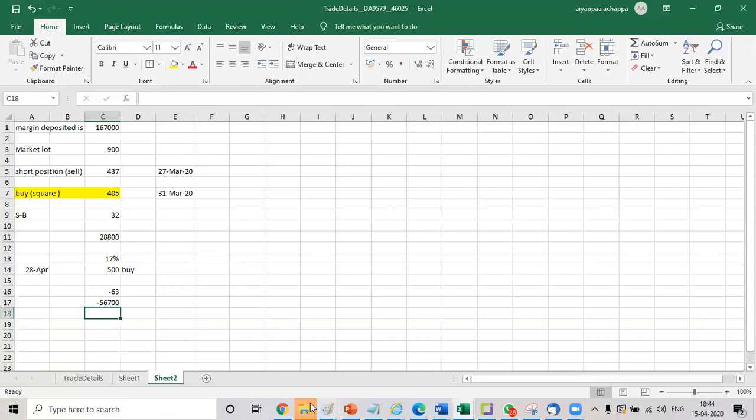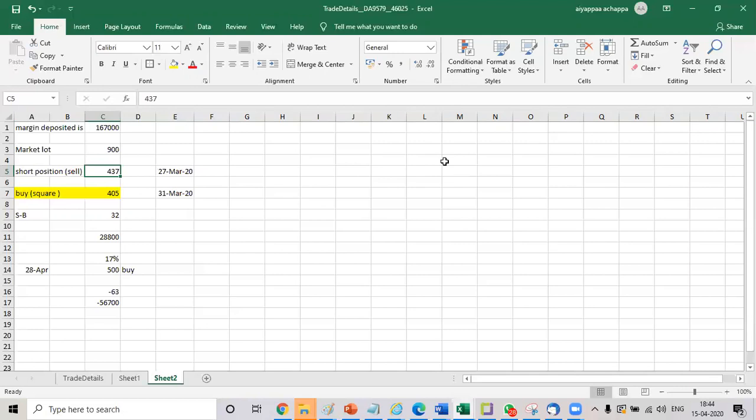Now, if you don't buy on 28th of April, then the exchange will buy on your behalf. They will ask you to deposit additional money to buy the shares, and then they will buy at 500 and give it to the buyer, the one who has purchased from you, at 437.